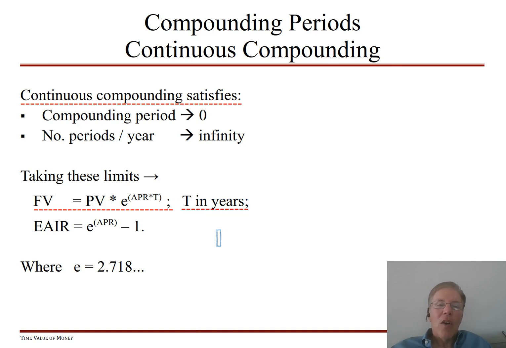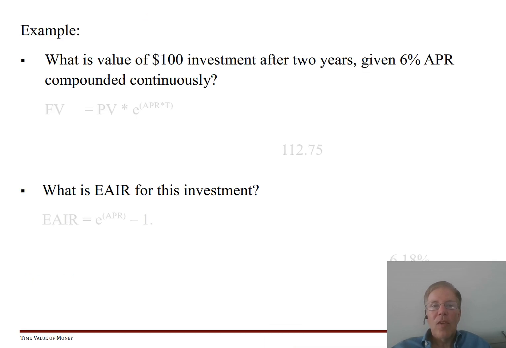Also, the equivalent annual interest rate for a deal with continuous compounding is e to the APR minus 1. And e is, of course, our universal exponential constant, 2.718, et cetera. 2.718 is plenty good enough for significant figures for our purposes.